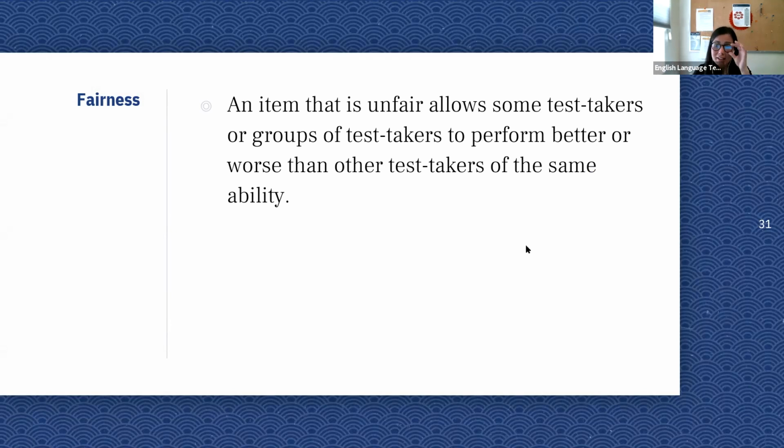So an item that is unfair allows some test takers or groups of test takers to perform better or worse than other test takers of the same ability, right? So you want to avoid bias in the language, in the topic, right, that you're choosing, because you want to be fair to your students. You want everybody to have the same opportunity to perform at the level that they are, right?